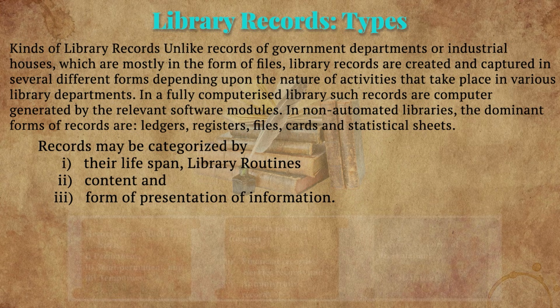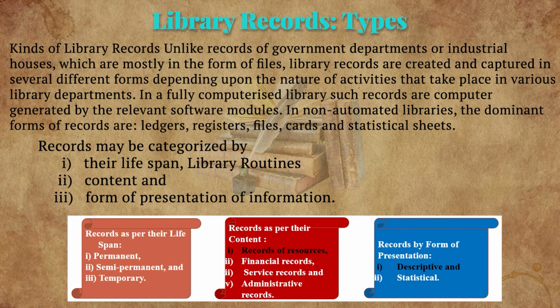Again, records as per their lifespan may be further subcategorized into three parts, that is permanent record, semi-permanent record and temporary record. Similarly, records as per their content may be subcategorized into four parts: records of resources, financial records, service records and administrative records.